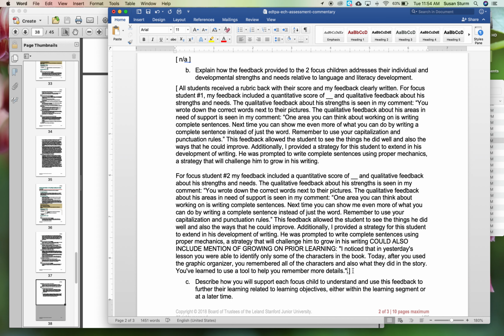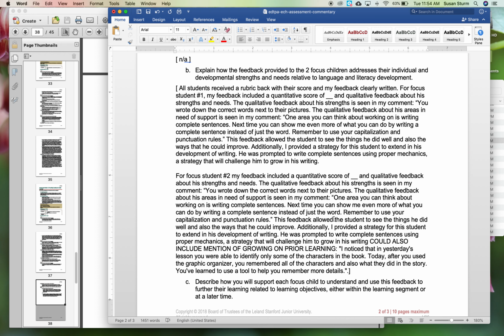What's most important is that that feedback has to actually be written on the student's work. So you probably didn't write that when you graded the student's work the first time. Maybe you just gave them a score, but make sure you go back before you scan and upload everything for the edTPA and write this feedback in this way.